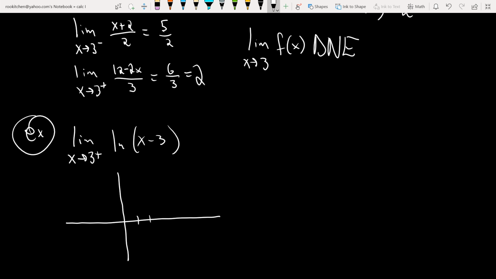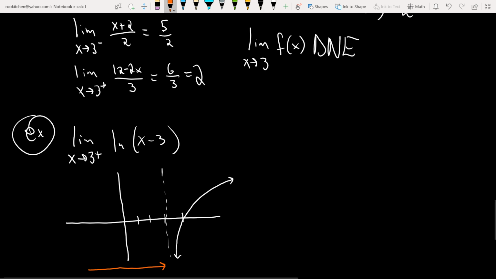Right? 1, 2, 3 is its asymptote. And the graph is a logarithm, so it looks like this. If we try to approach from the left, it's not defined anywhere, so that limit is not going to work.